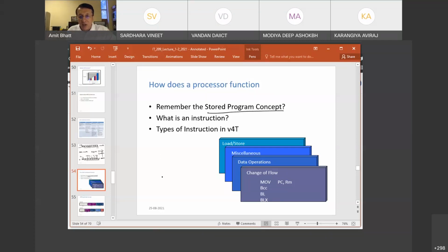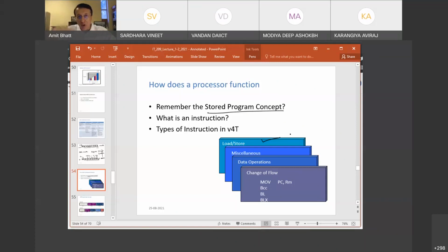Okay, so now there are four types of instructions you will see. First, you will find load and store instruction. And as I told you, RISC processor is known to have load store architecture. So what it means is that your processor can connect to the memory only using two instructions. Load means load something from the memory into register set of that processor, or store, that means take something from the register of the processor and put it into memory.